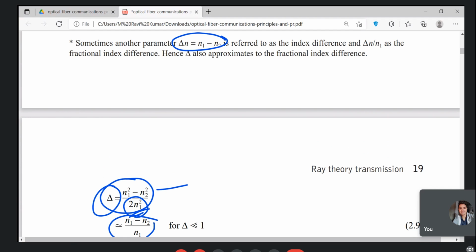So if we approximate these, then delta n by n1, because n1 minus n2 is delta n, right? So delta, the relative refractive index difference, can also be given by delta n by n1. Clear? Yes, sir. Fine.